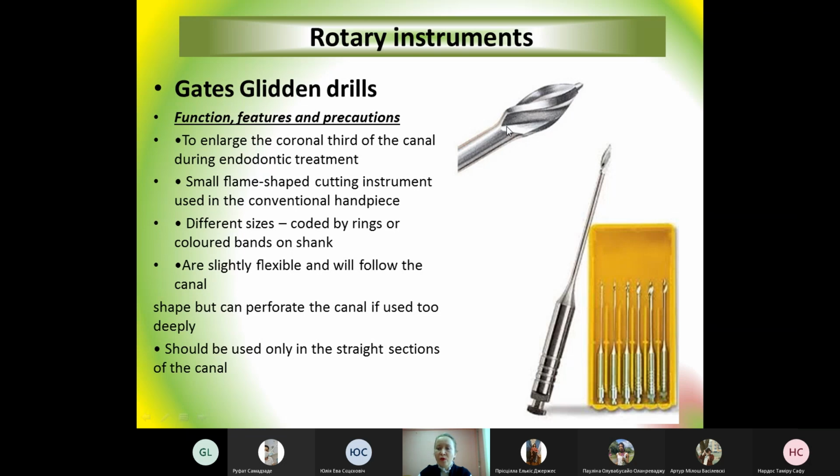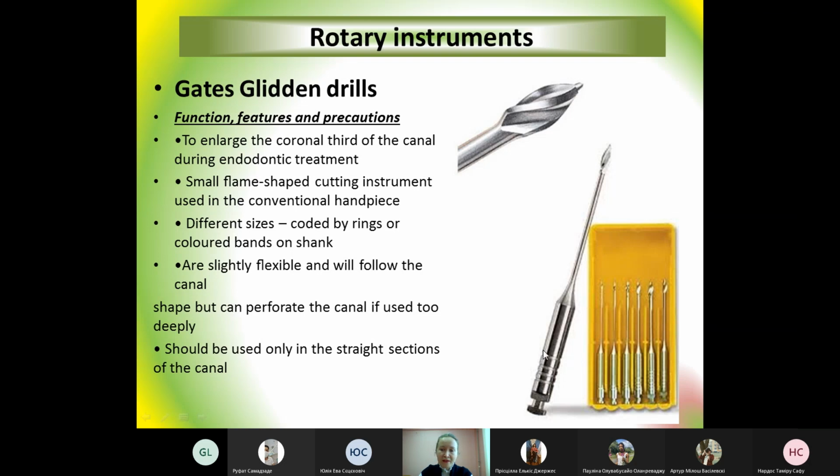It looks like a small drop with sharp blades. This instrument is used to cut and enlarge root canal orifices and thus facilitate placement of hand endodontic instruments. Different sizes of this instrument are available. There is a color coding on the handle of this instrument, like color bands on it.